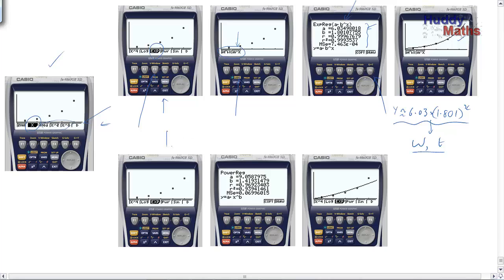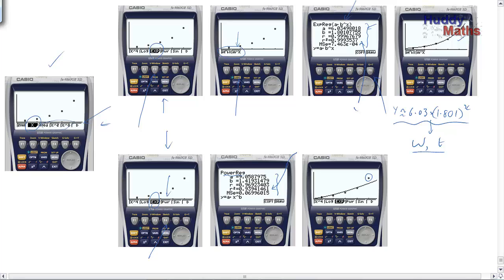But come down here, rather than fitting the exponential, what if we try to fit a power function? So hit F4, power regression. The calculator's working hard to fit a power curve to this, and it's not such a good fit. There's a point off here. And you could look at the R value or the R squared values in here and see a bit of difference there.